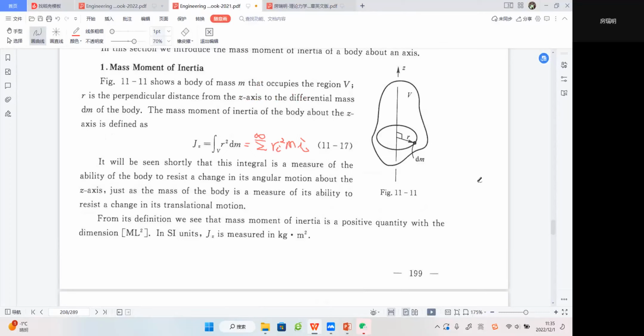Why? Maybe I can tell you first. Actually, we will have this kind of relationship if we use Gz to denote this so-called mass moment of inertia of this body: it times its angular acceleration alpha will equal the moment.